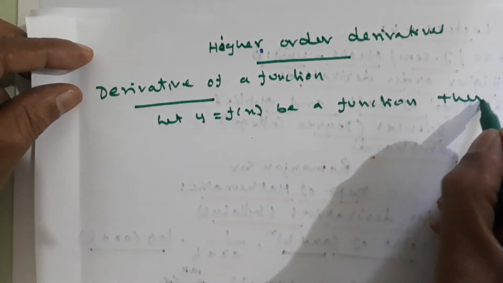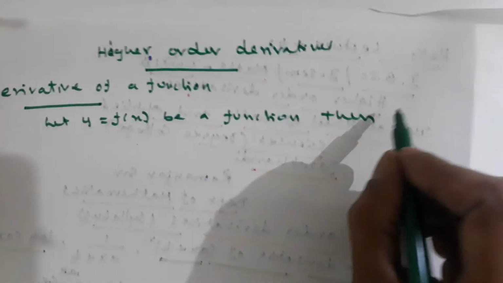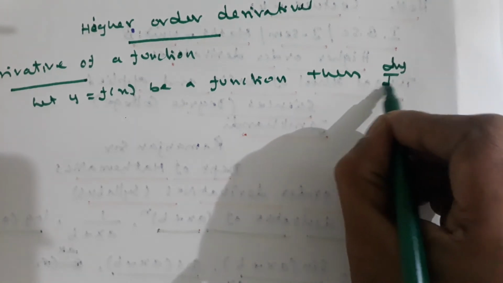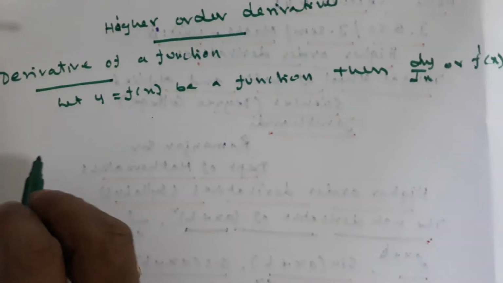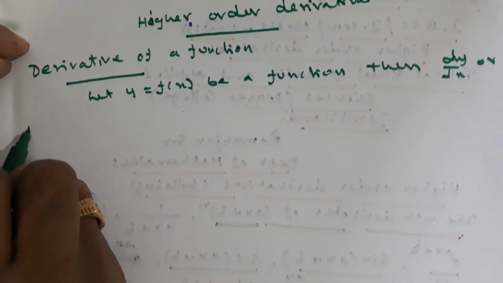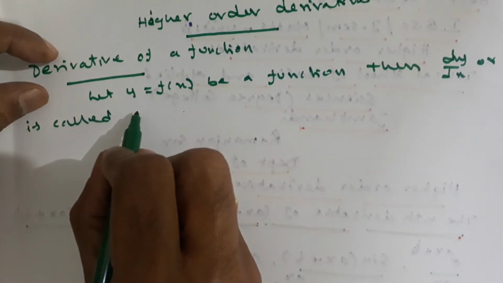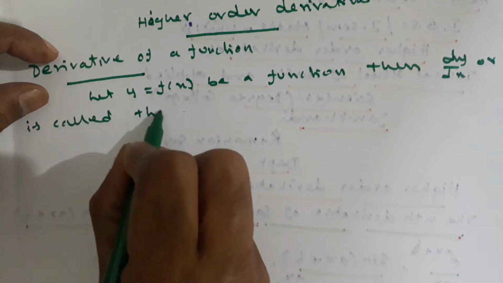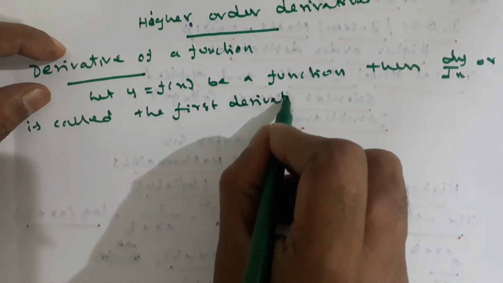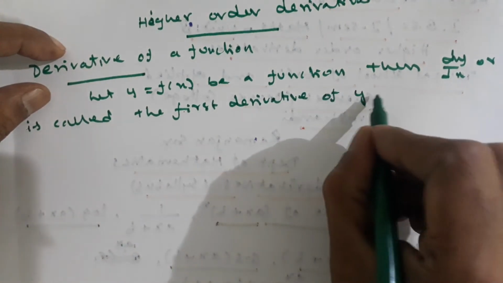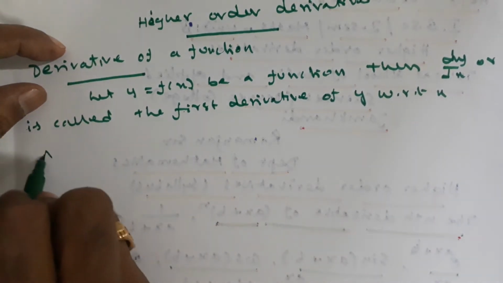Then dy by dx or f dash of x is called the first derivative of y with respect to x.